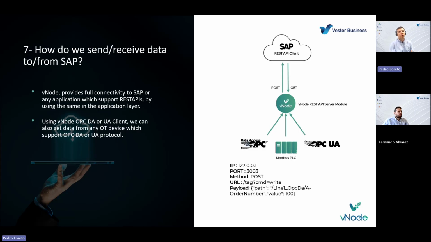We are going to show you how we can make a GET to request information from the REST API server, and we can request information from any of the data sources that are coming from the OT network. And then we are going to make a POST to write a value to the device.